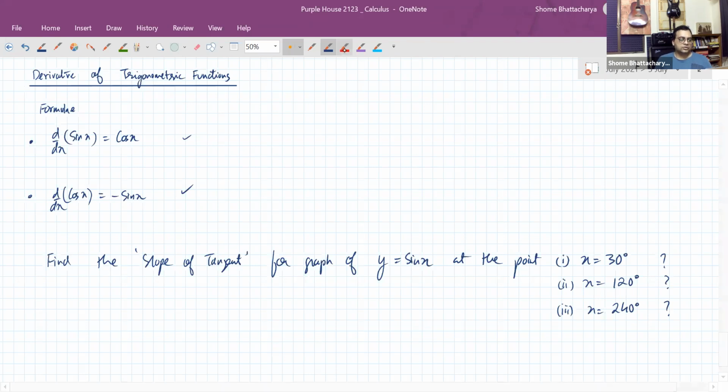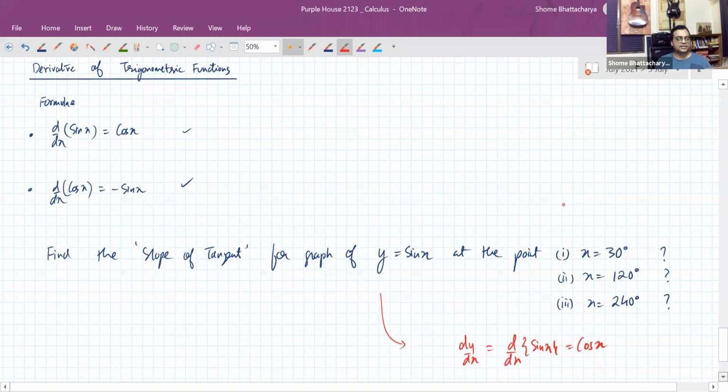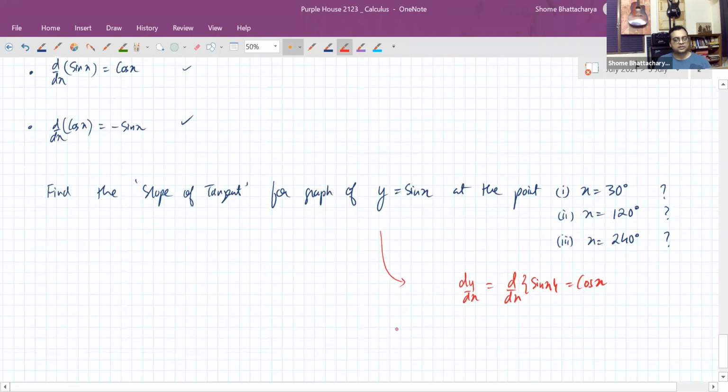So this is where you have to know your trigonometry in 4 quadrants. When we start this question, the first thing is, of course, we'll find dy by dx. So that is differentiation of sine x. For that, we just refer to the formula. We know that by formula, the differentiation of sine x is cos x. Now we come to slope of tangent at each of these points. What we mean by slope of tangent at a point is nothing but the value of dy by dx at that point.